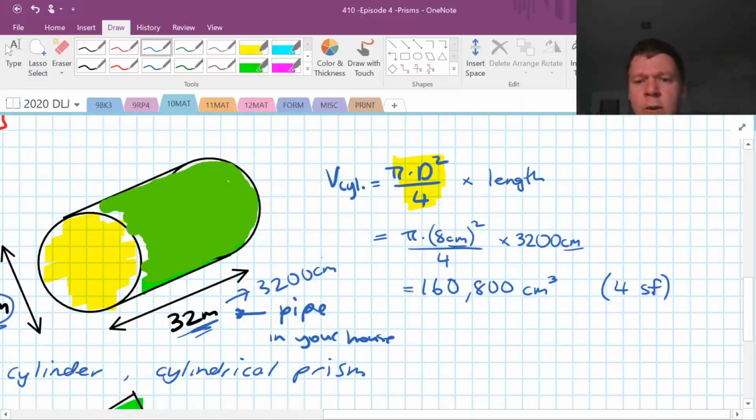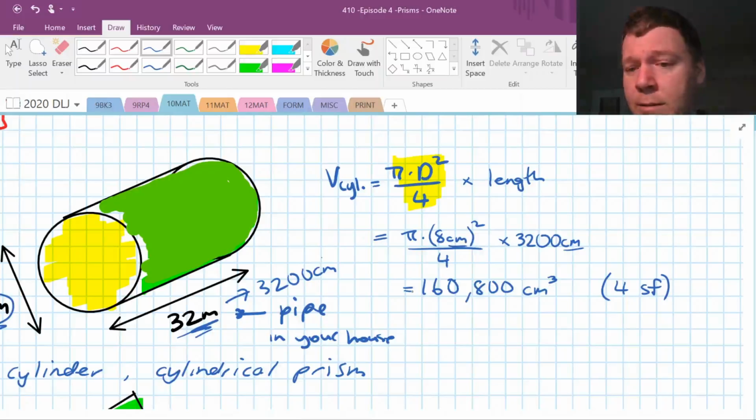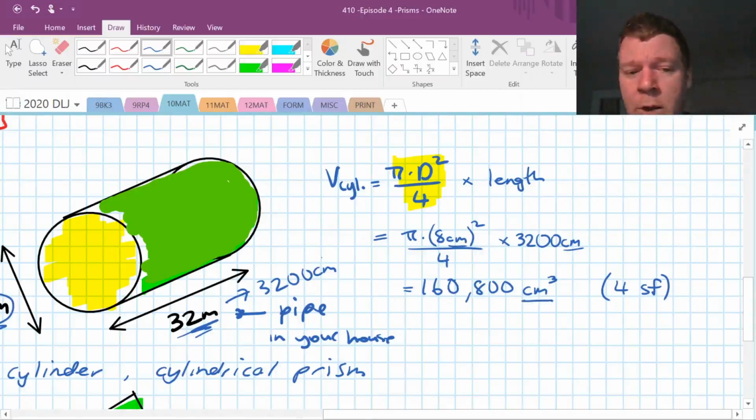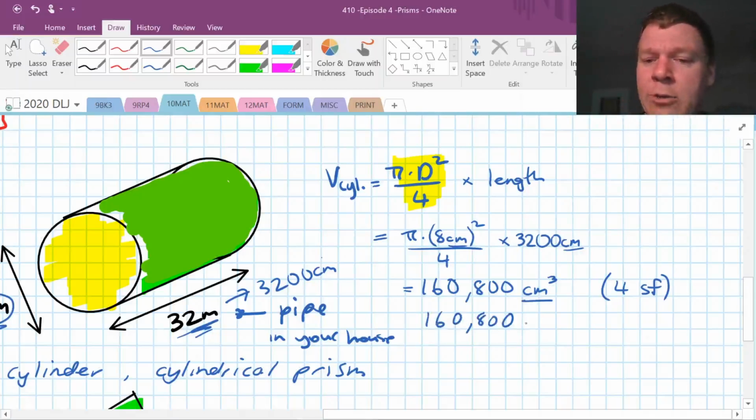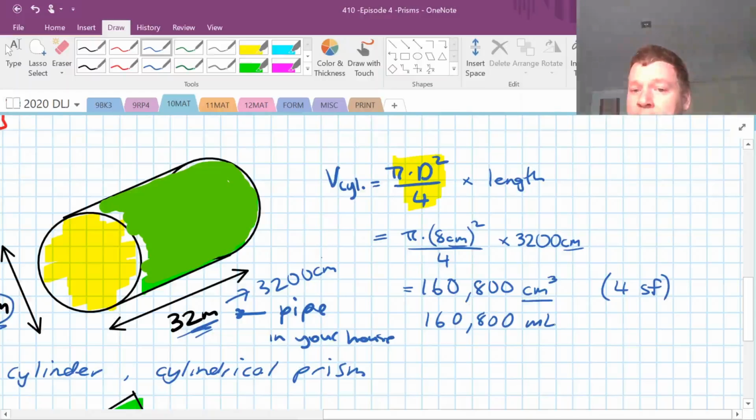All right, so if you wanted to work this out in liters, we know that 1 centimeter cubed is 1 milliliter, so 160,800 milliliters. What would that be in liters?